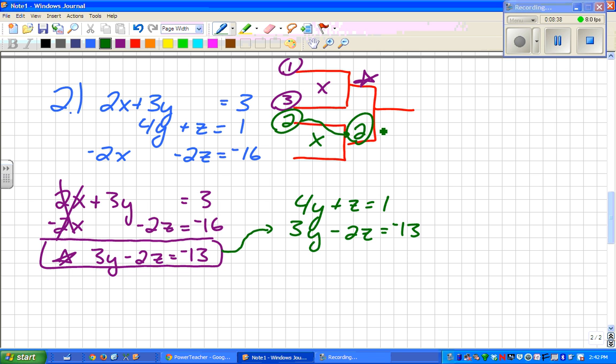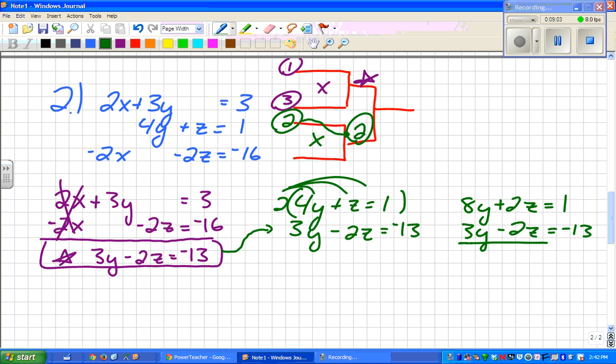Okay, so for me, it looks like the z's are easiest to cancel. However, I got to multiply before I get opposites. I got to multiply that top equation by 2 to get opposites. So that will give me 8y plus 2z equals 2. Sorry, the bottom equation will be 3y minus 2z equals negative 13. Okay, the z's will now cancel.